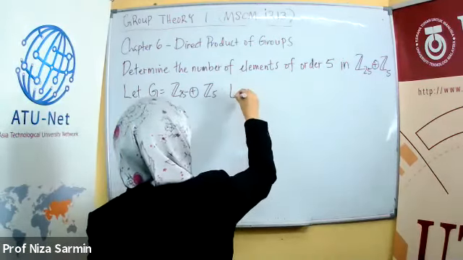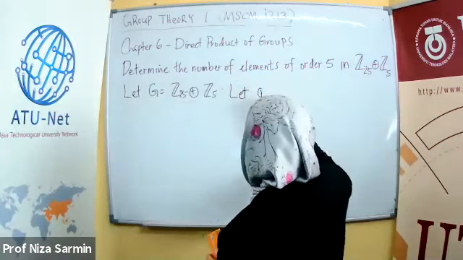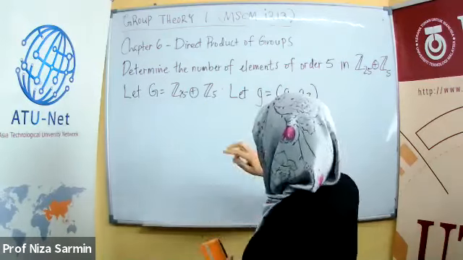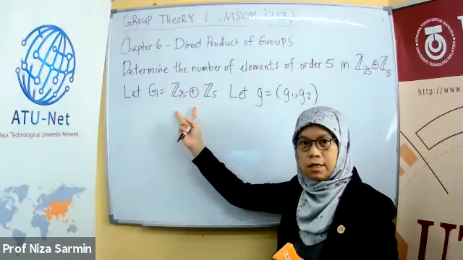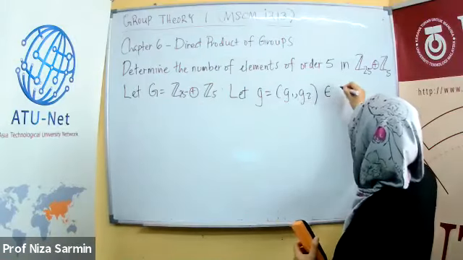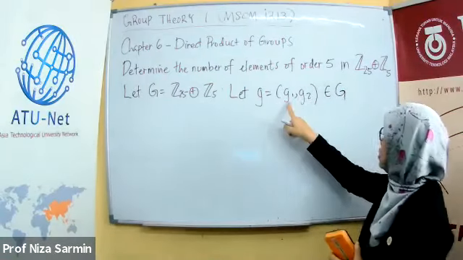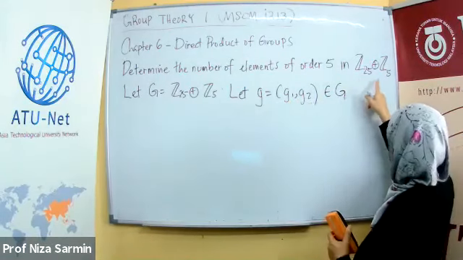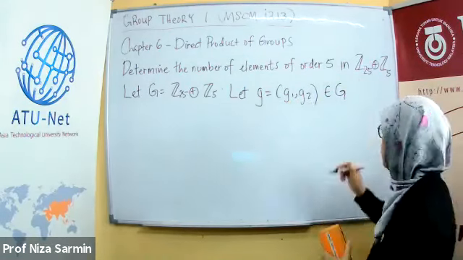So let g be (g1, g2), since any element in the direct product has to be a pair. g1 will be in Z25, g2 will be in Z5.